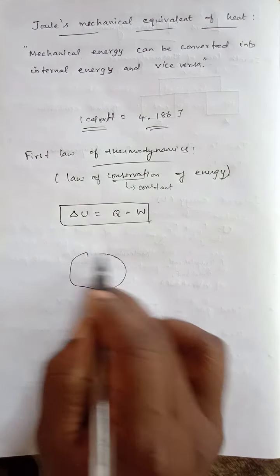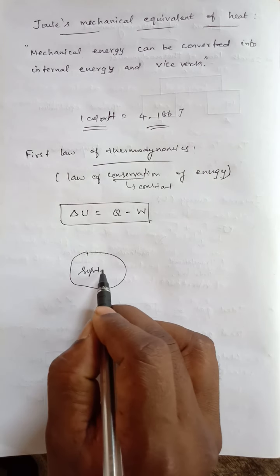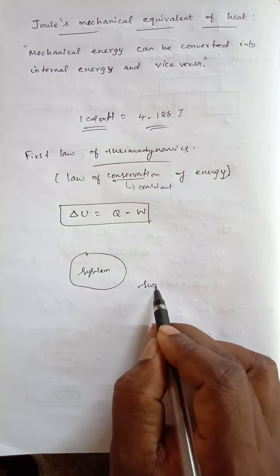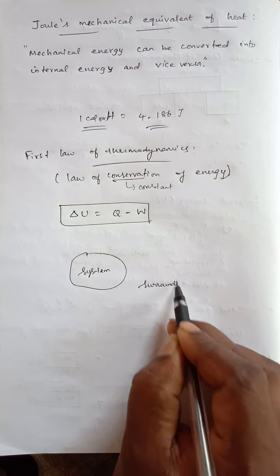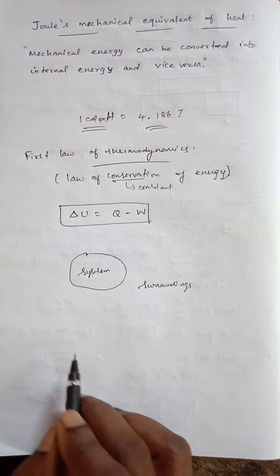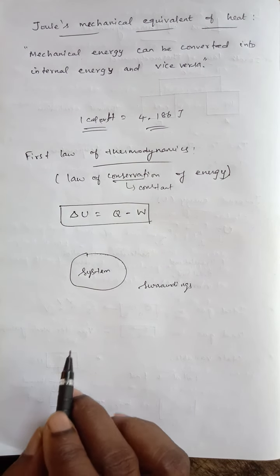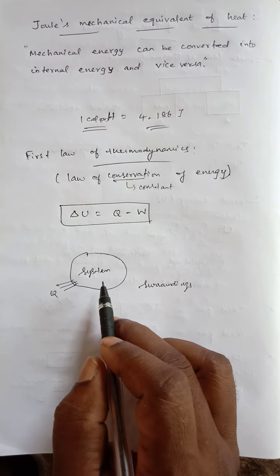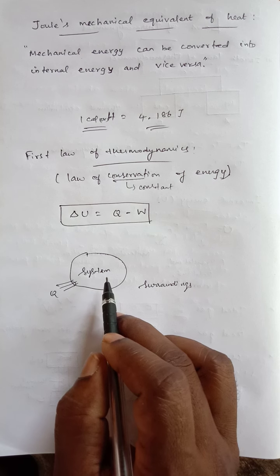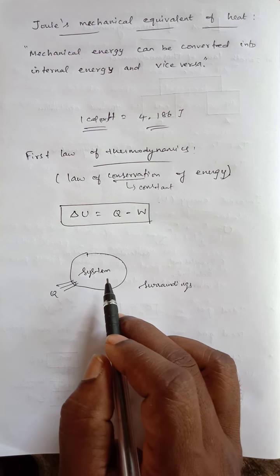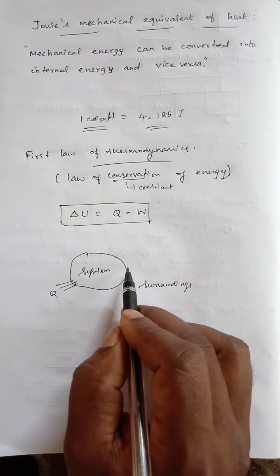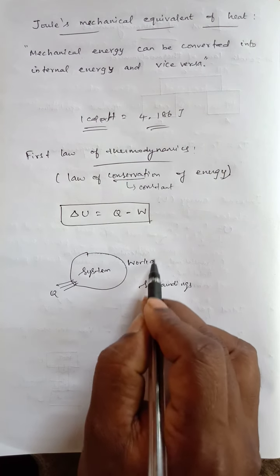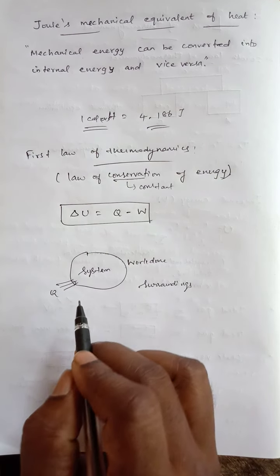See, if this is a system, this is the surroundings. If we apply heat energy, say Q, to the system, some work is done. The work done may increase or decrease.